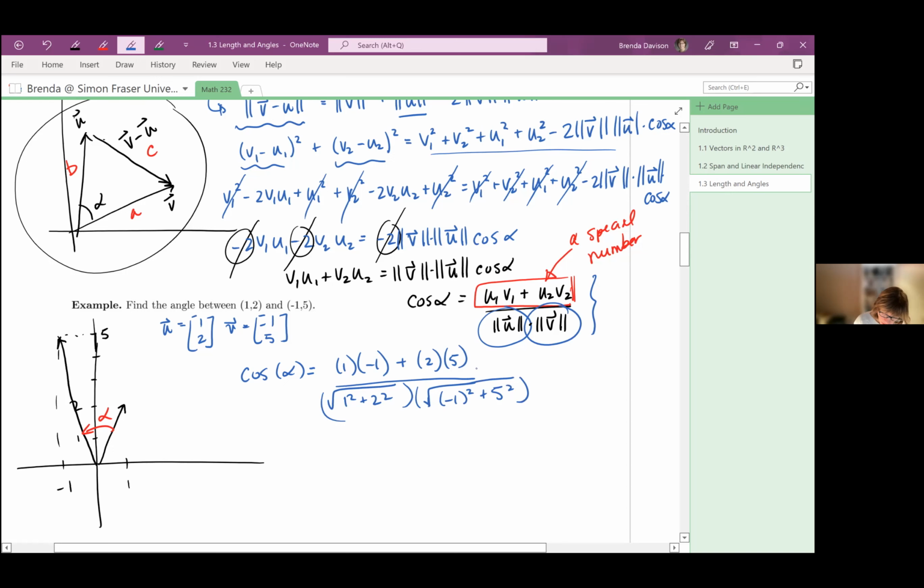Okay, so I now have an expression for the cosine. Let me just compute what number that actually is. The cosine is going to be 9 divided by √5 times √26. So that means that alpha is going to be the inverse cosine of 9 over √5 √26.